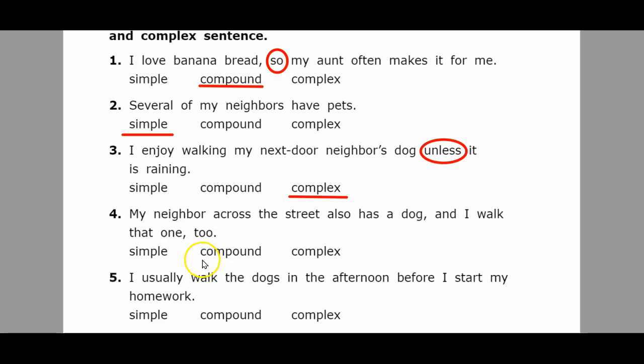It's a compound. Why? Because it has the word and. Correct. All right. I usually walk the dogs in the afternoon before I start my homework. Complex. Why? Because of the word before. Correct.